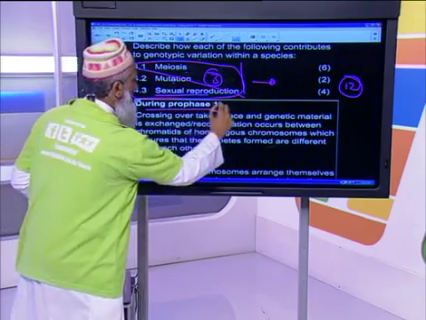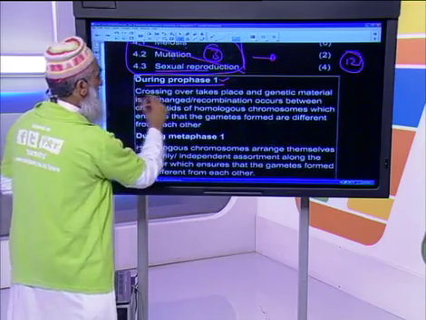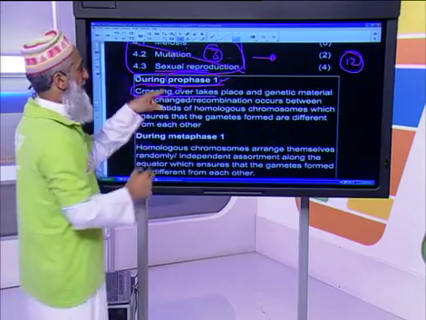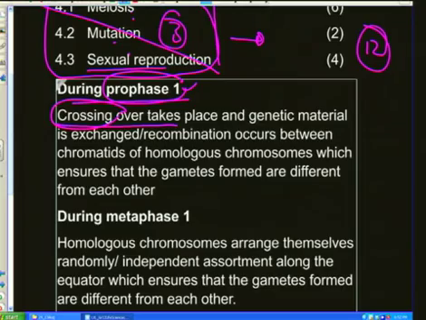Crossing over is a process, and it occurs in a phase called prophase in meiosis 1. During that time, genetic material is exchanged, or recombination occurs, which ensures that the gametes formed are different from each other. Can you see how many marks you can get just in this first part?